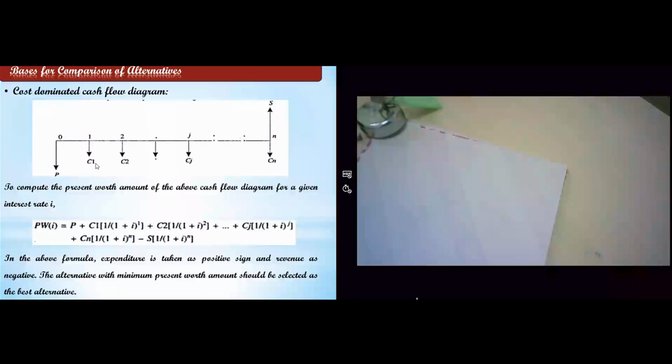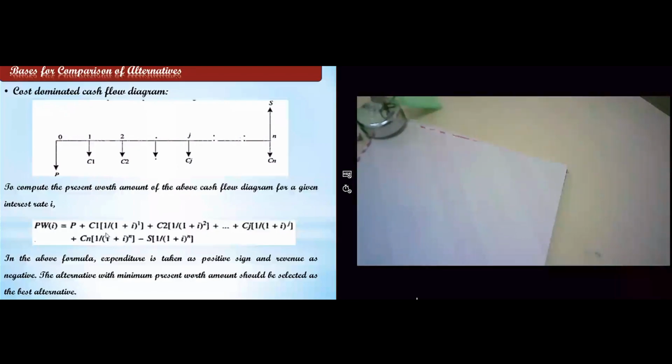So to calculate the present worth of C1, C1 into P by F, interest rate is I%. I have to move by one step to reach 0, so n is equal to 1. Here P by F is nothing but 1 divided by (1 plus I) raised to n. So that is the formula.